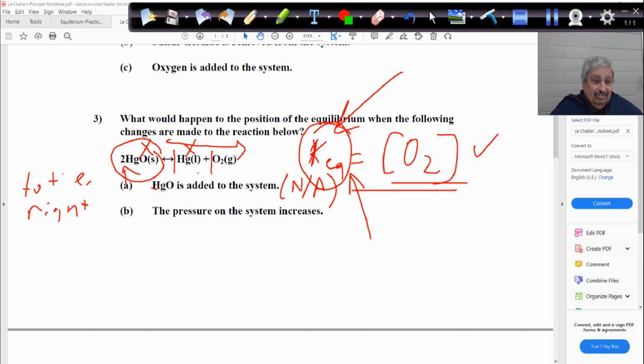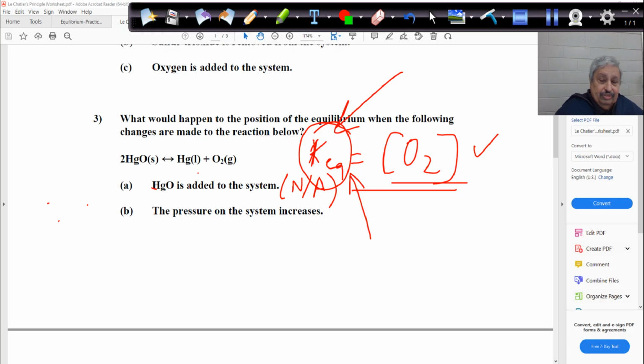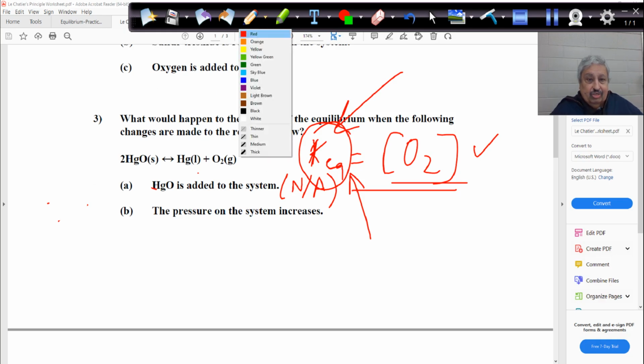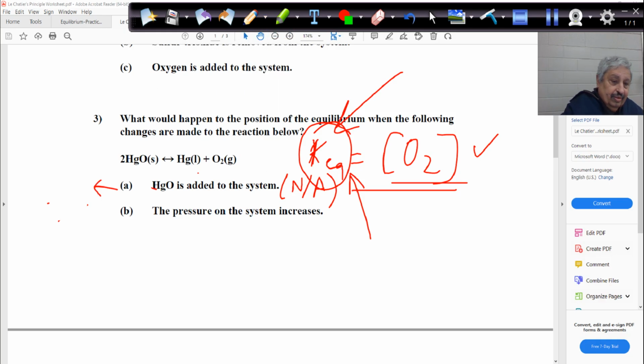Shift to the right, that's not applicable. So now let's look at this one here. Since we decided that liquid and solid is not applicable, no shift, non-applicable, no shift because it's solid, correct? No shift.